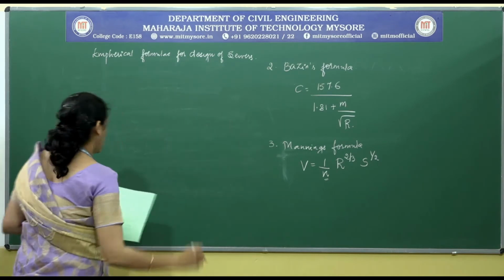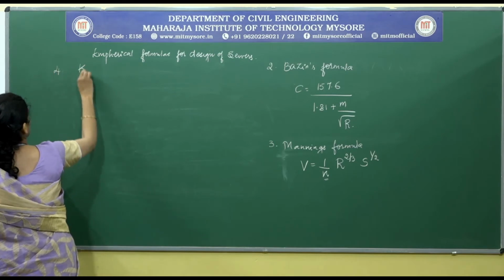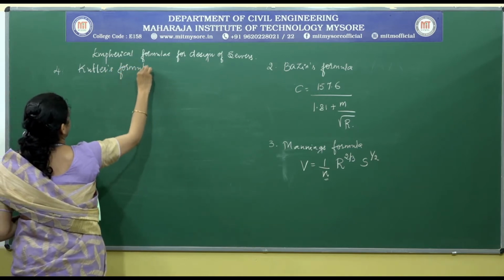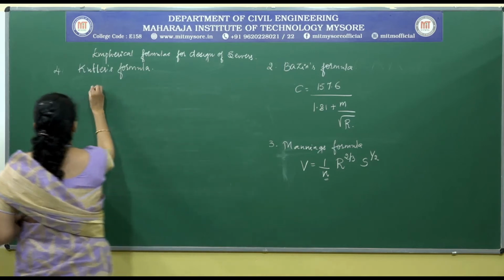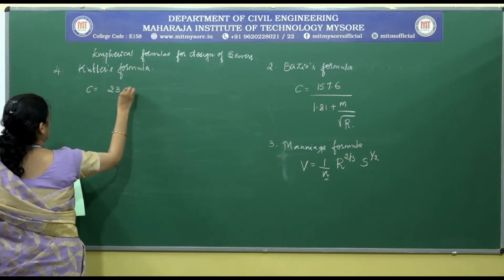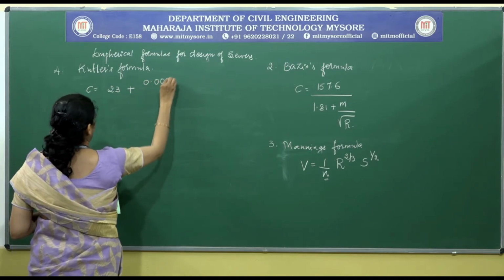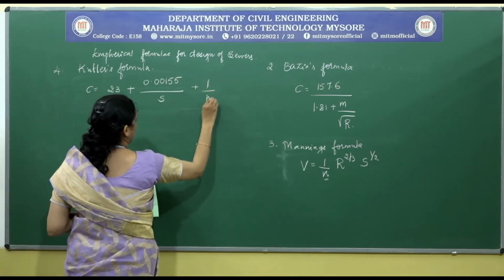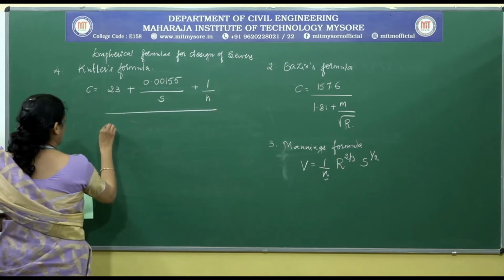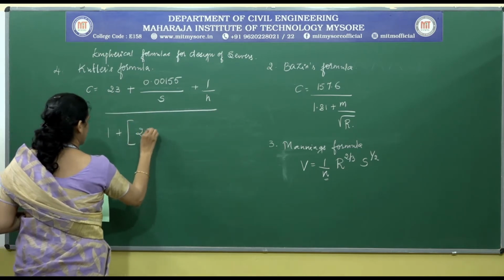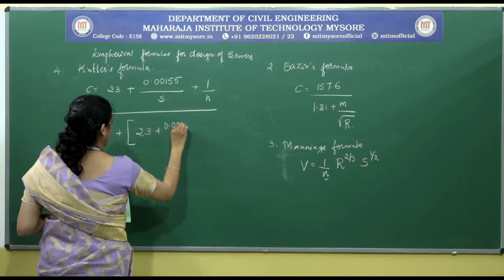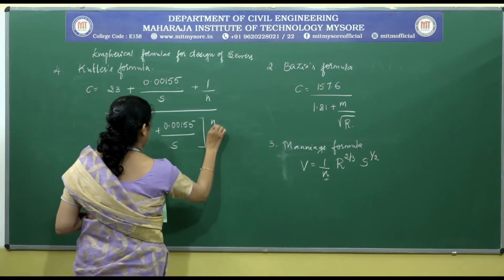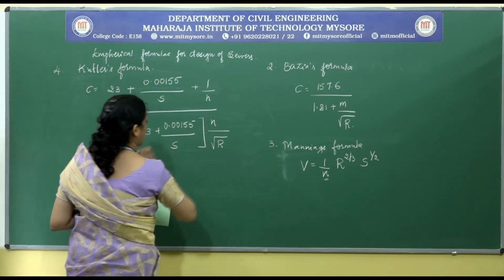Moving on to the next, that is Kutter's formula, which states that C is equal to 23 plus 0.00155 by S plus 1 by n, the Manning's constant, again 1 plus 23 plus 0.00155 by slope S into n by root r.